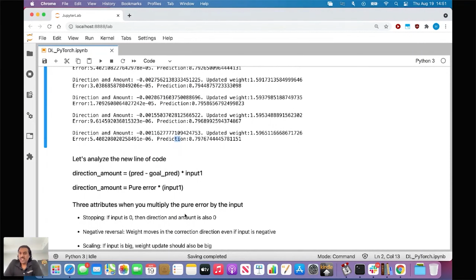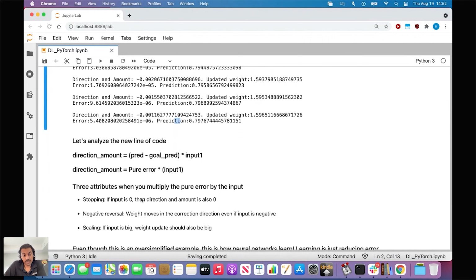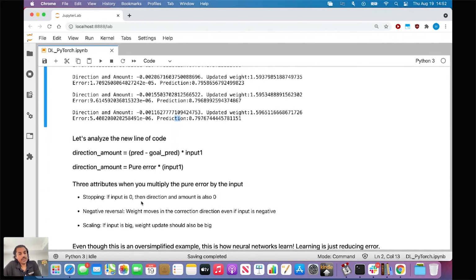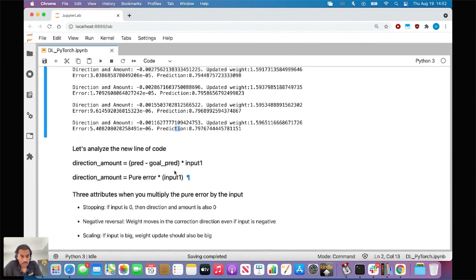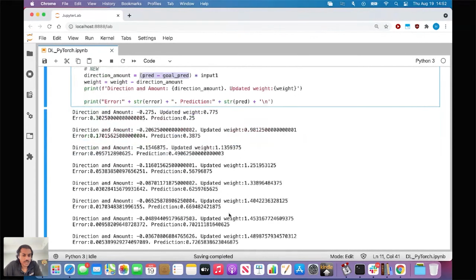In the interest of time, I'm going to glance over this a little bit because I definitely want to get to showing you how we can use a pre-trained model. But just know that this iteration does a few things. When we're multiplying our pure error by our input, a few things are happening.